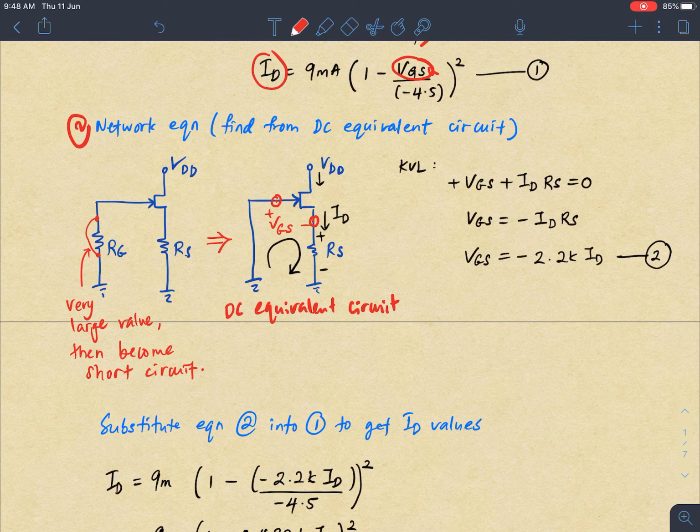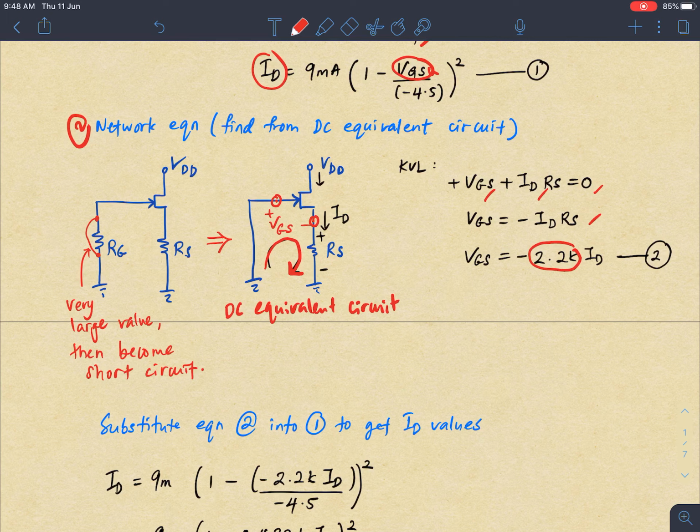So inside this loop, we get positive VGS plus IDRS equal to 0. Then we get VGS equal to negative IDRS, and insert the RS value, 2.2K, in this equation.